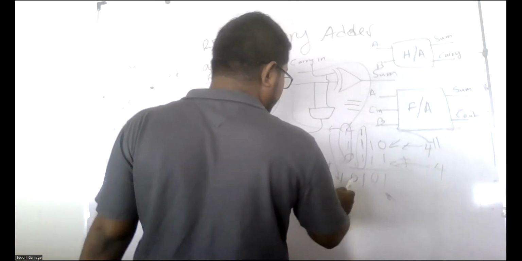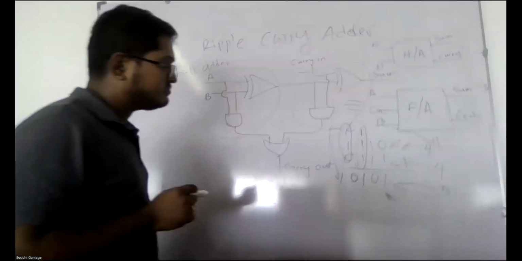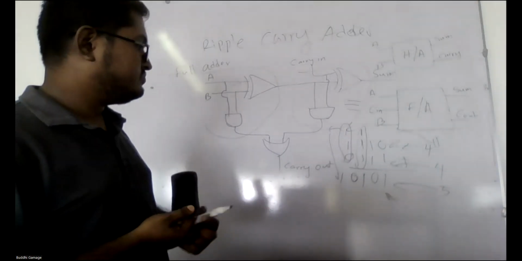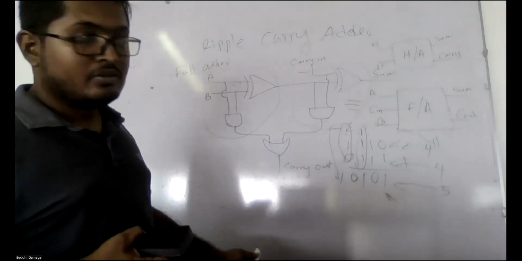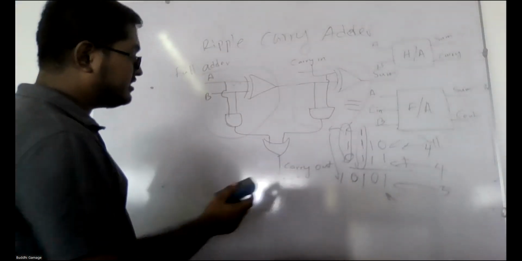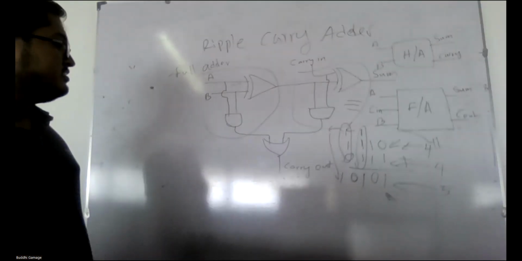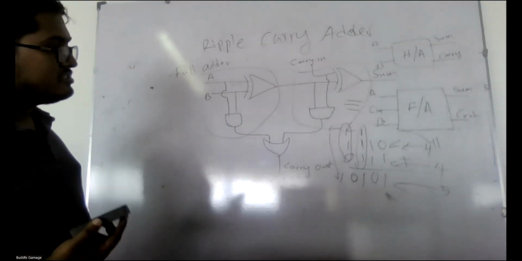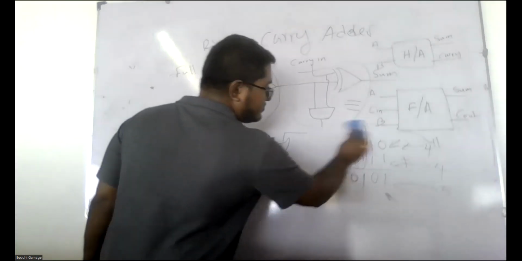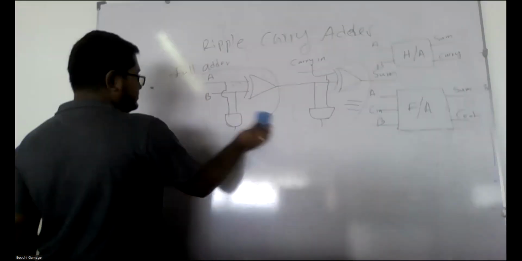Here 1, 2, 3, 4, 5. There are 5 outputs, right? So we need to decide that circuit, like how to do this whole calculation through a logic circuit. So how can we do that?